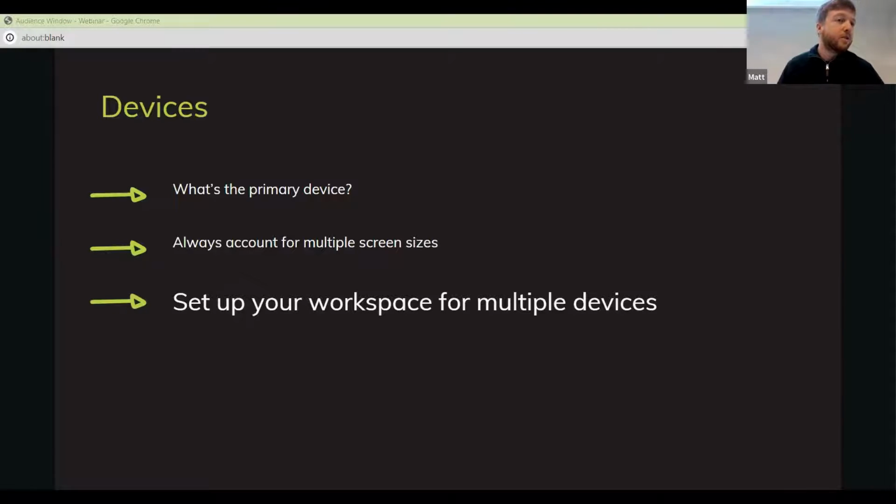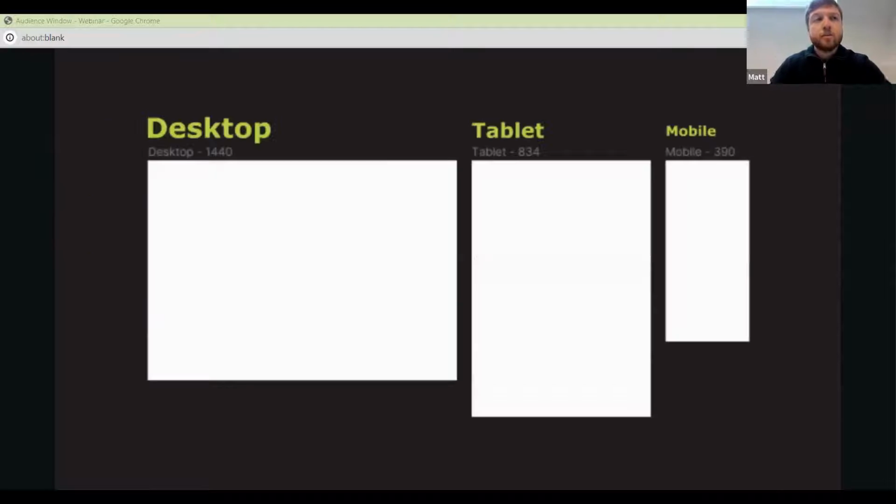A little tip for this, or a setup that I do, is when I build my framework for design, I lay out all the different screen sizes that I plan to use. Not all the different ones, because you're never going to account for everything, but I put in a range of screen sizes, which will give me a strong representation for how my designs are going to appear on different devices.